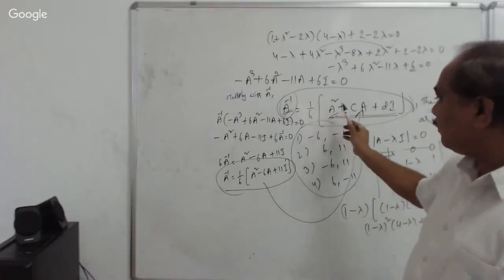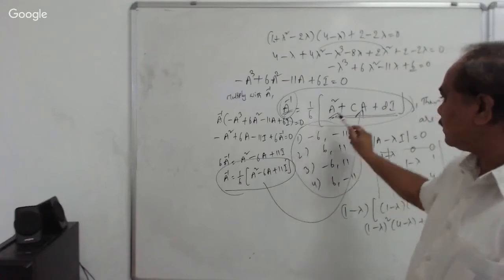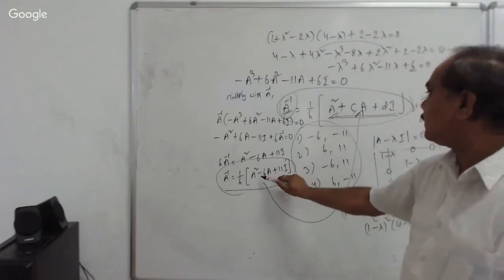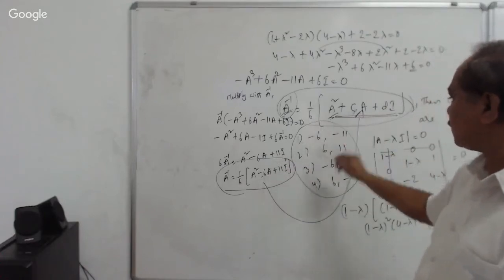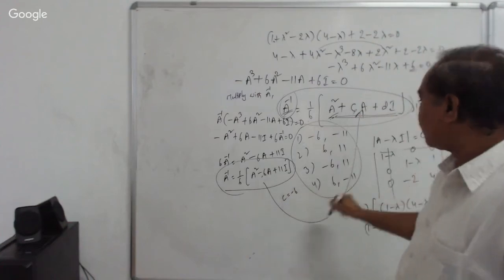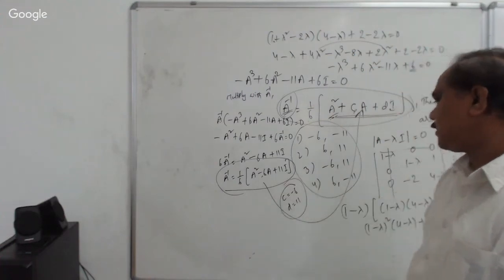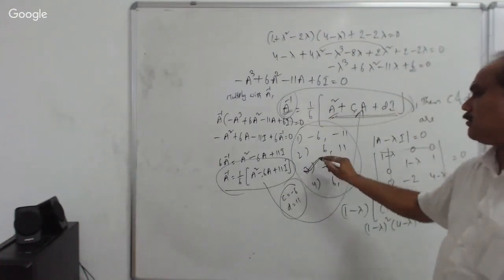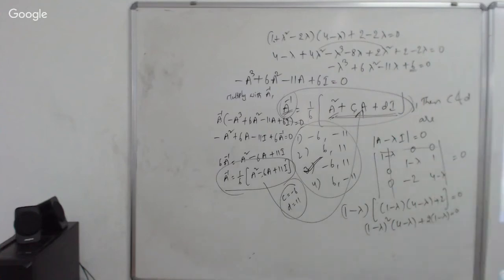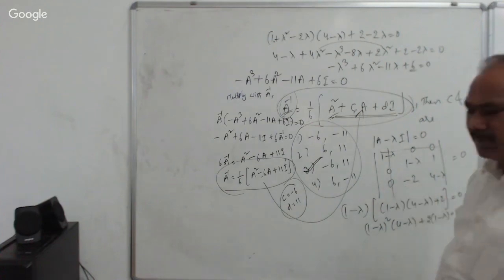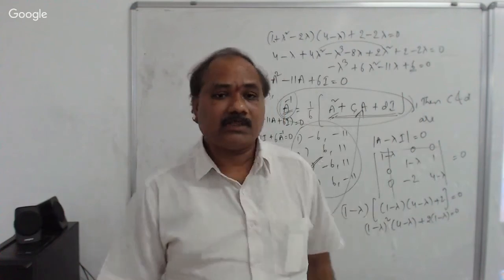Now, directly by comparing with this, C equal to minus 6, D equal to 11. That is the answer. Answer is the third option. Of course, it is somewhat lengthy, but no other alternative for this.